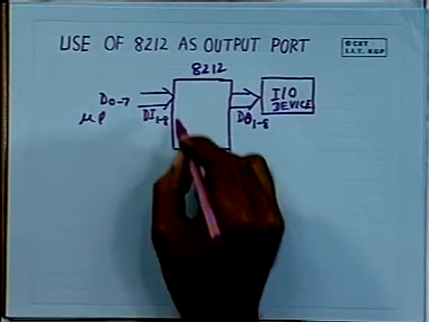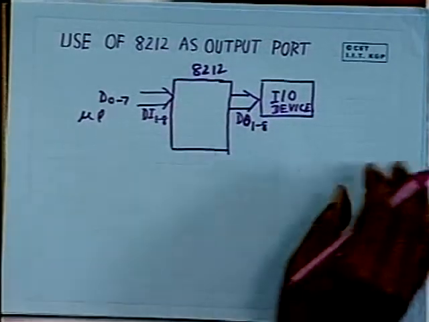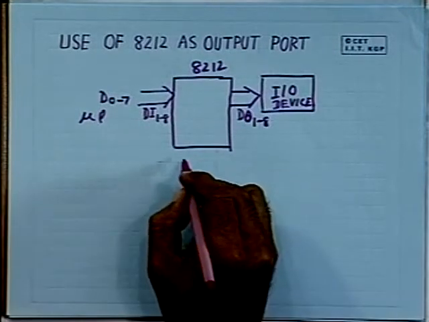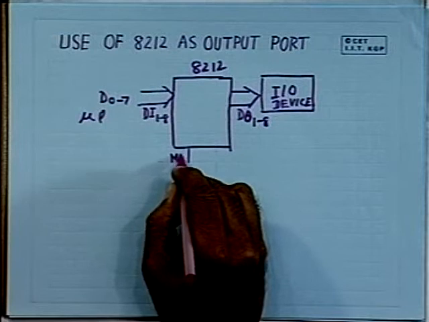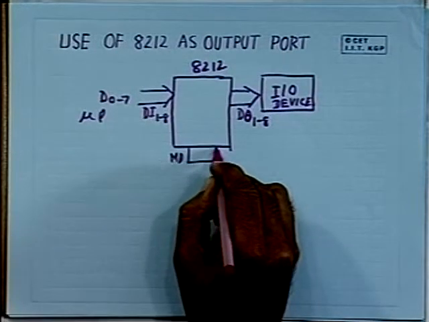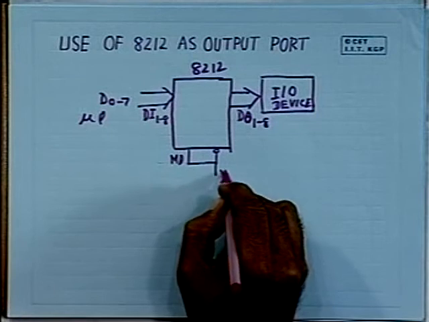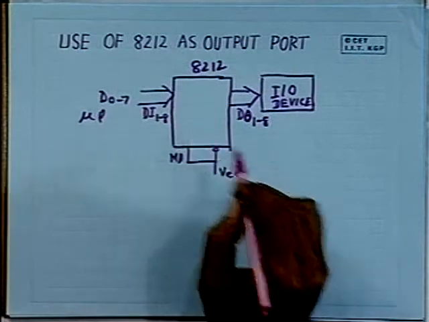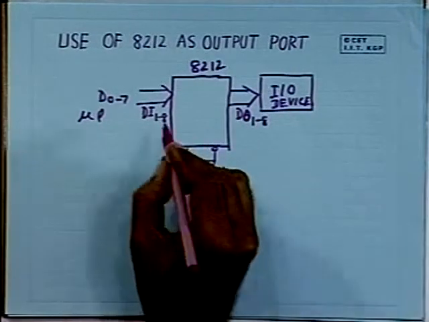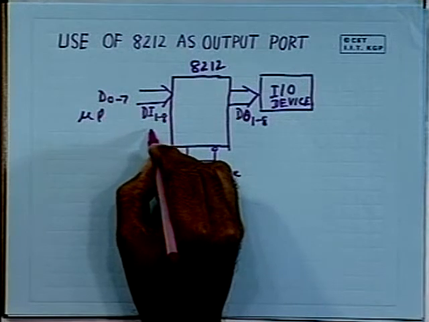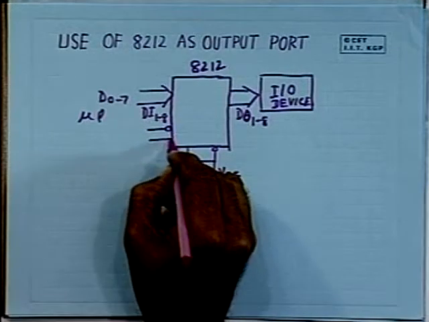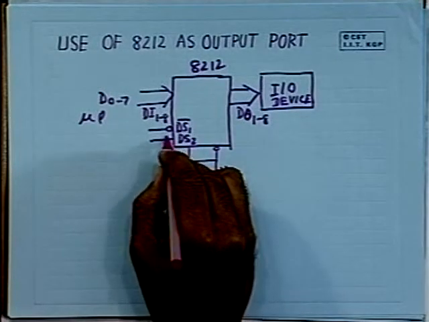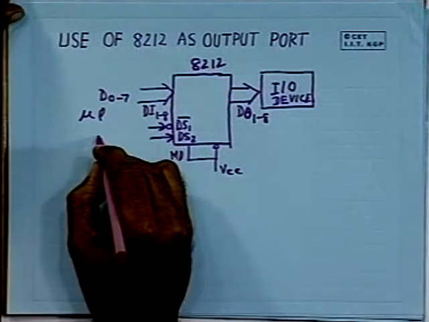On the other hand, to configure this particular chip as output port, there is a line called mode. As I explained, the mode of operation can be decided by this. The mode line and also the clear line are to be connected to VCC. So when the mode is connected to VCC, it acts as an output port, and the device select lines, DS1 bar and DS2, will act as the chip select.